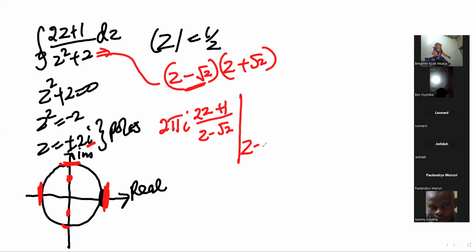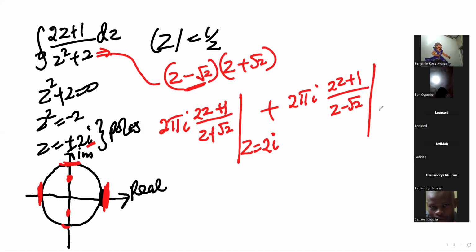And then our z equals 2i. And then plus 2 pi i, then you have 2z plus 1 over z minus root 2, then z equals minus 2i like that. And then you substitute them.